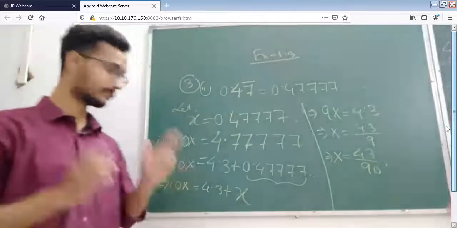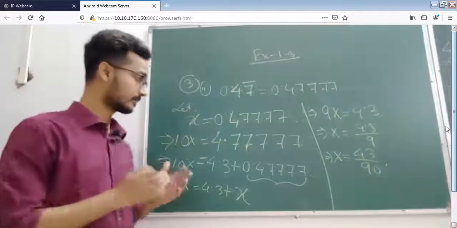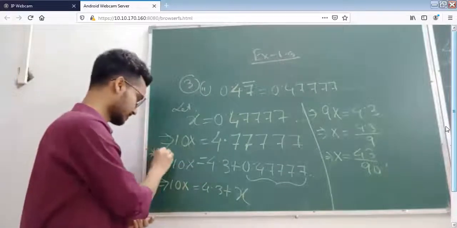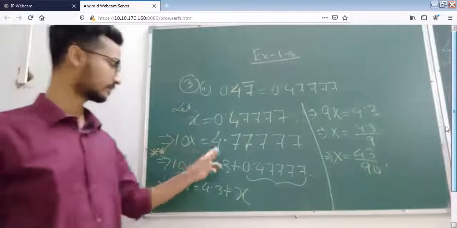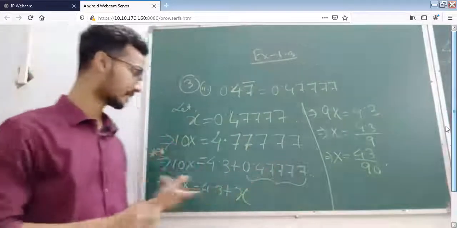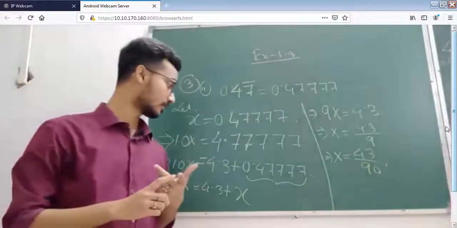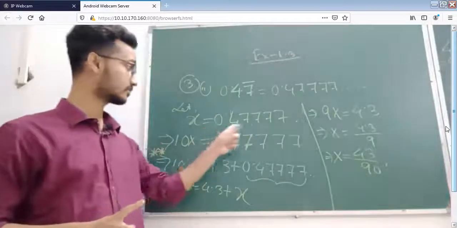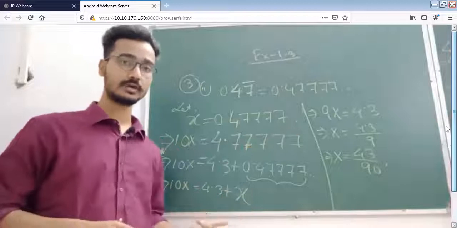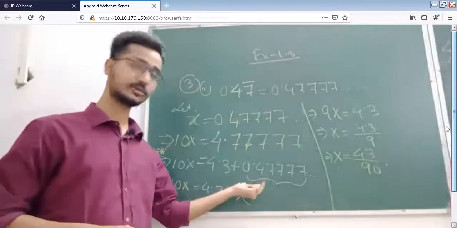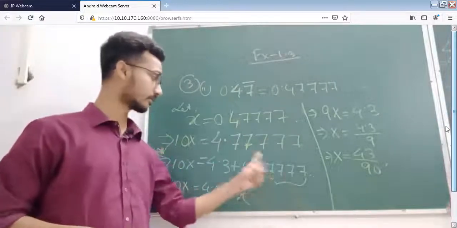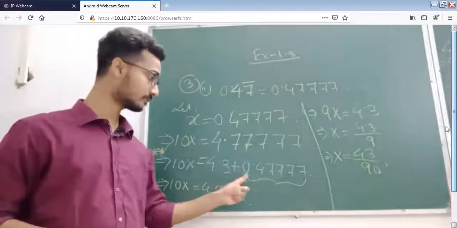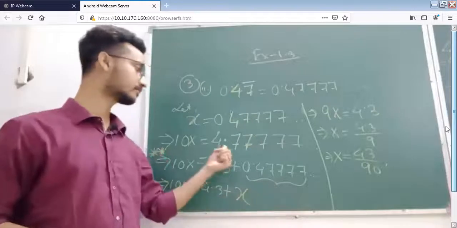So clear? Here the main thing you have to remember is this step. You have to write down 4.777 as the addition of two numbers, but one number must be 0.4777. So how can you do this? If you subtract 0.4777 from 4.777, you will get the number with which, if you add 0.4777, you will get 4.777.